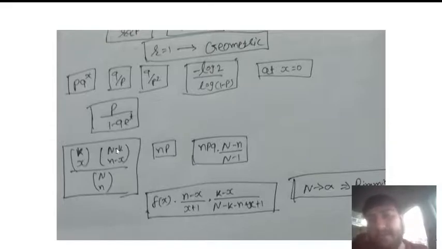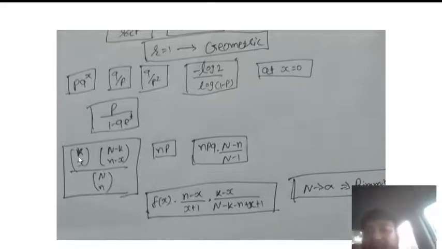KCx into N minus K C n minus x upon capital N C small n. What are these all? See, capital N is the number of total population. Small n is the number of samples we have collected from the total population, so small n is the total population of the sample.